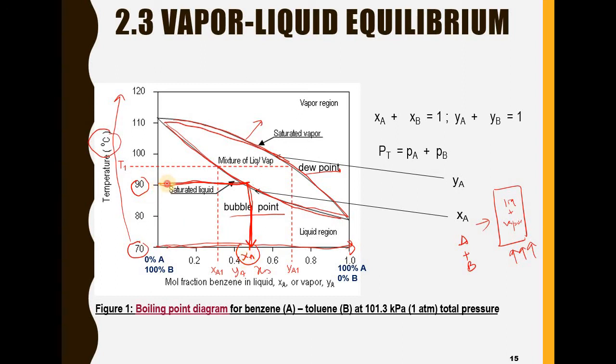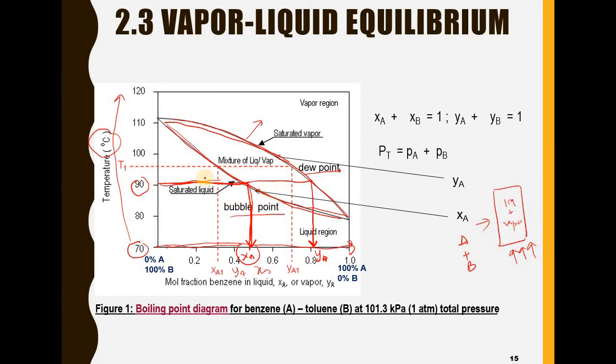If you go straight to the other curve, the saturated vapor curve, you will get the YA data, the mole fraction of A in vapor. This is how you use this curve.